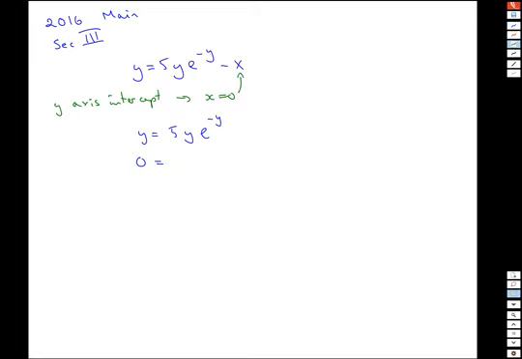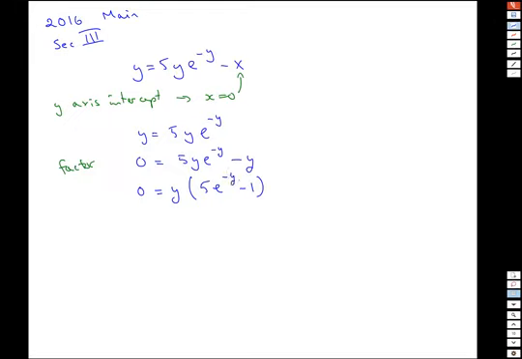But if we're trying to solve anything, the safest way to do it is just by looking for factors. So we have 5y e to the minus y minus y. And then what we can do is pull out a common factor of y, and then 5 e to the minus y minus 1.